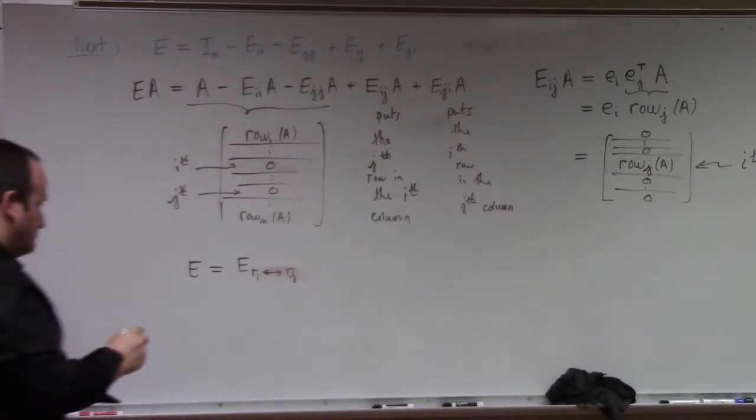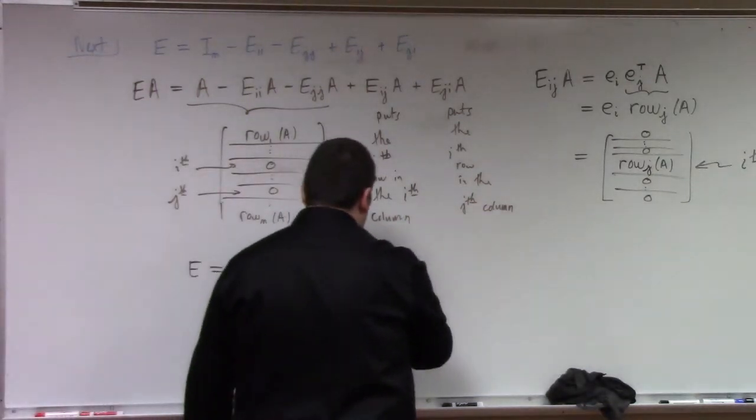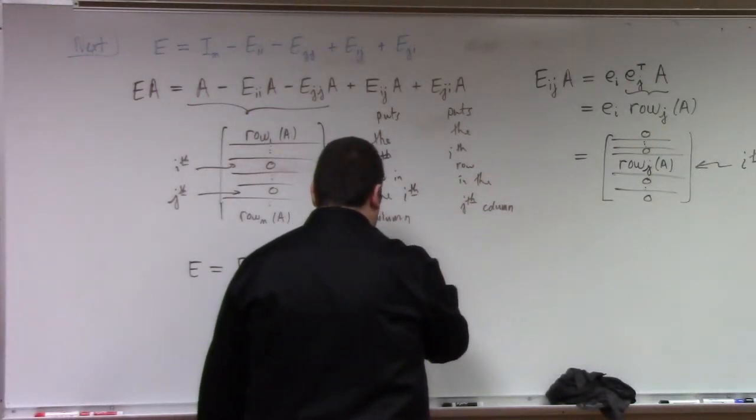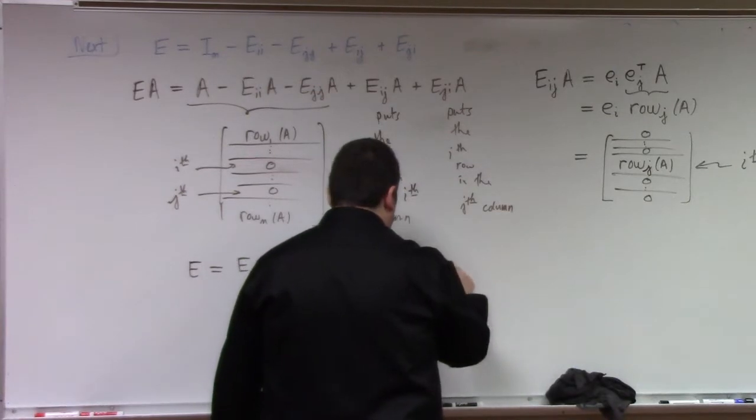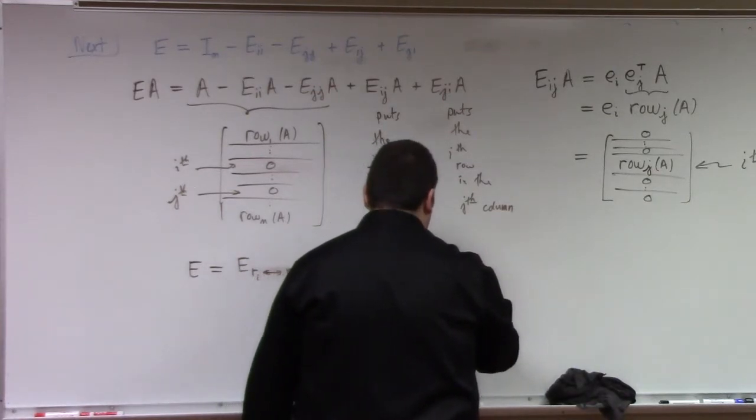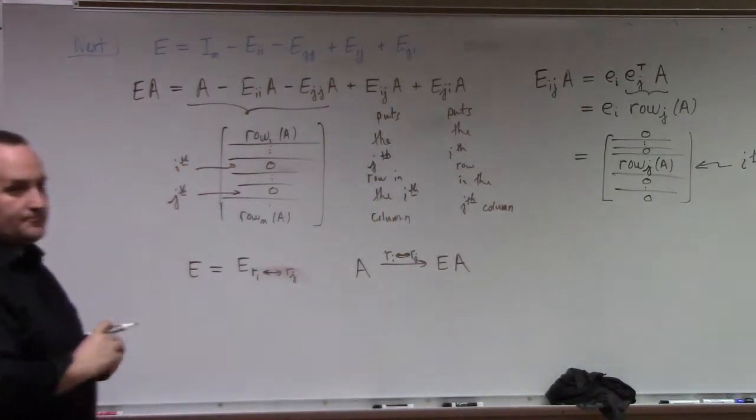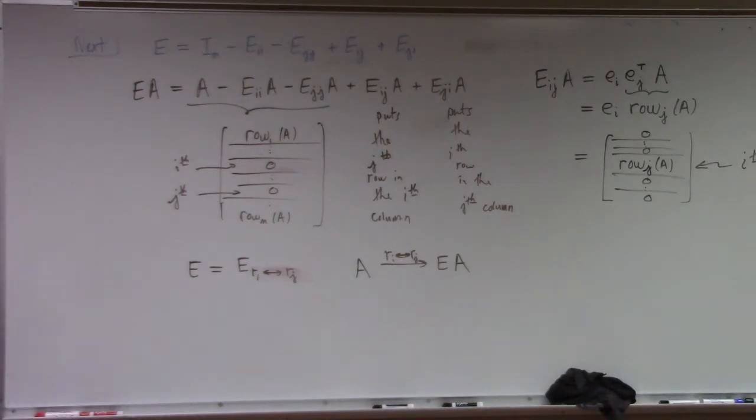In particular, if I take the matrix A and I do the ij row swap, then that is equal to this EA, or to be more pedantic, E, row i switch row j, times A. Again, this is an invertible matrix because it's its own inverse.